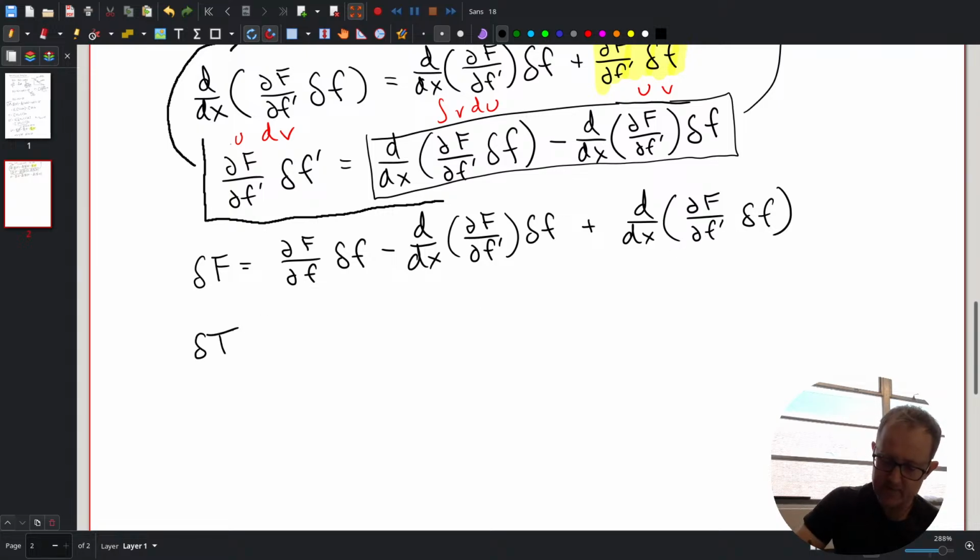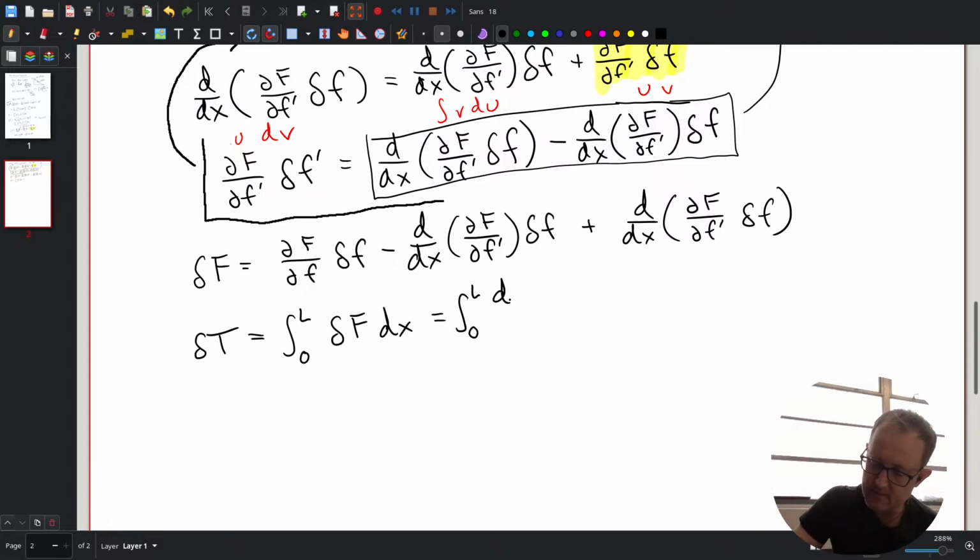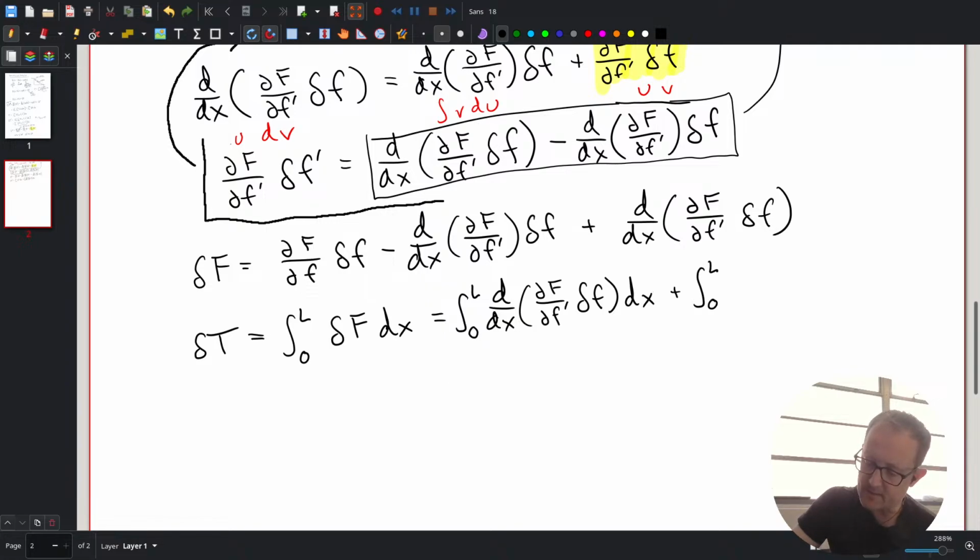But let's come back to this delta t definition. This delta t is the integral from 0 to L of delta f dx, which is equal to the integral from 0 to L of a d/dx, df df prime times delta f dx, plus the integral from 0 to L of df d little f minus d/dx df d little f prime, all times that delta f dx.